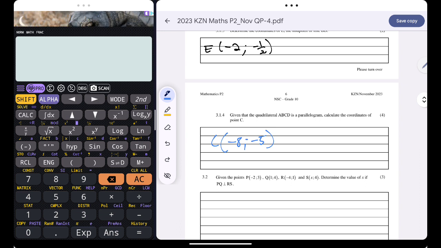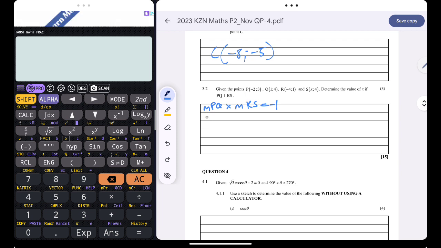If PQ is perpendicular to RS, I know that the gradient of line PQ multiplied by the gradient of line RS should give me -1, because whenever I take the product of two perpendicular lines, the answer should always be -1.